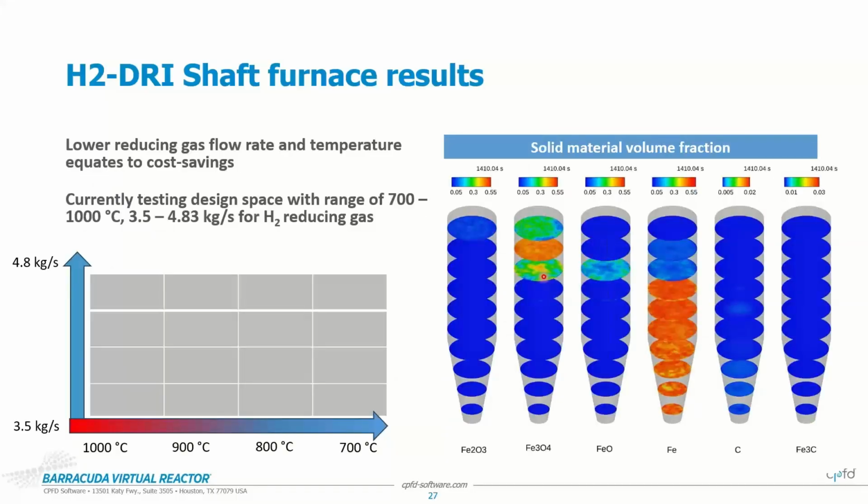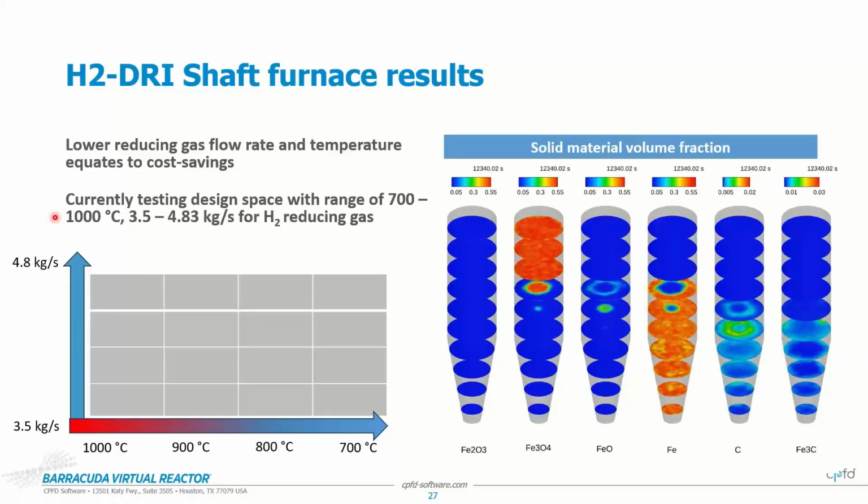So Barracuda is really good at running over a number of different design matrices, running a number of tests and comparing results over those different conditions. So basically what we want to look at here is how we optimize the cost of this process, reduce the cost for operating a system like this while still maintaining performance for the system.